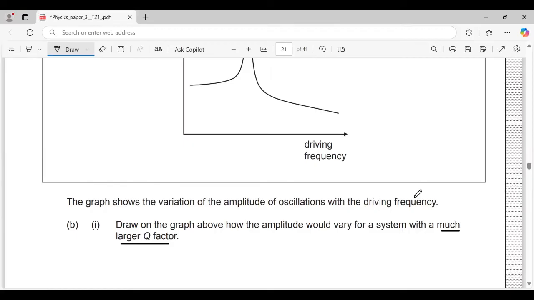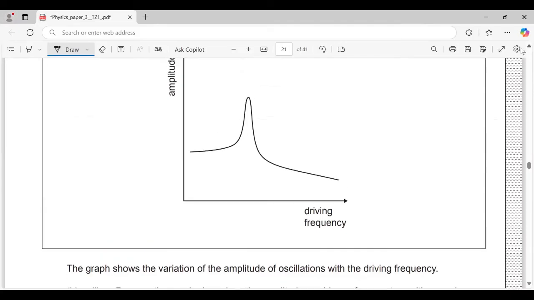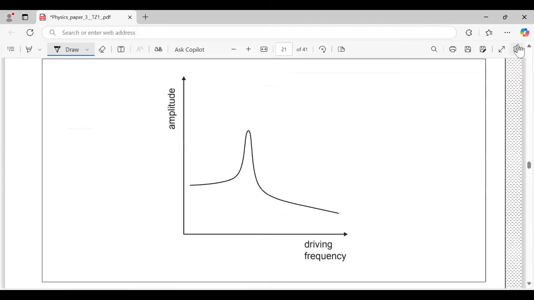With a much larger Q factor, the resonance peak will be taller and narrower. This is because a higher Q factor indicates lower damping, so the system can sustain larger amplitudes at the resonance frequency.